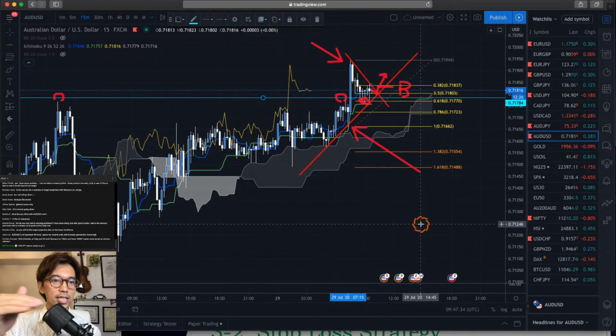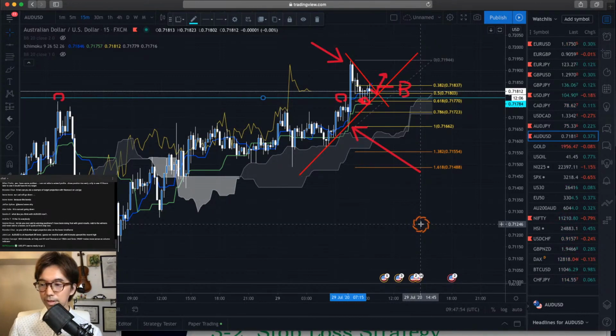So until I set the break even, I am still at risk, so I cannot take another trade. Even in other currency pairs, I don't take trades. But once I set the break even, then I either look for another position on that same currency pair, or I look at other currency pairs to take other trades. So that's risk management, and this is very important.